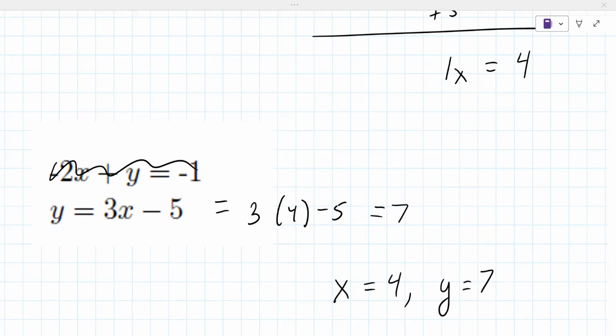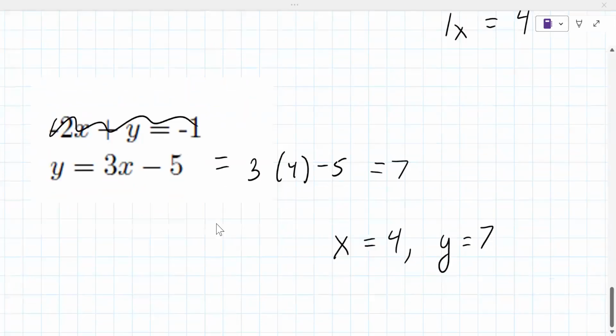Very good. Let's look at another one here. Have we done all 4 of these? We have. Okay, all right, let me give you a new one here to try.